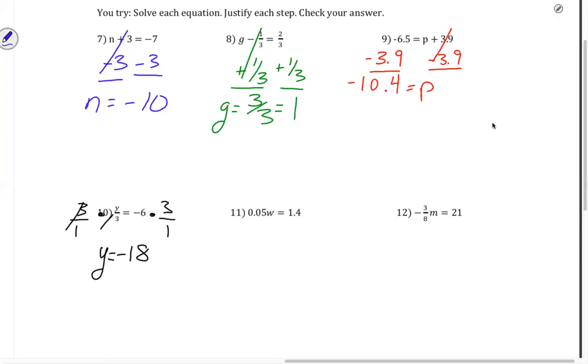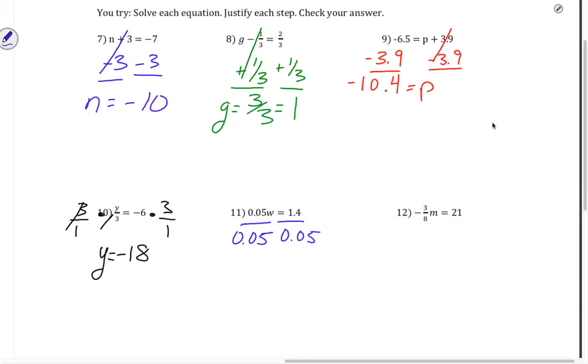But I would be even more grateful if you could tell me how to do number 11. Okay. Let me look at my thing. So it says 0.05 times W. Yeah. So how do I undo that? You divide. Okay. Now this is a decimal, so you might need a calculator, right?